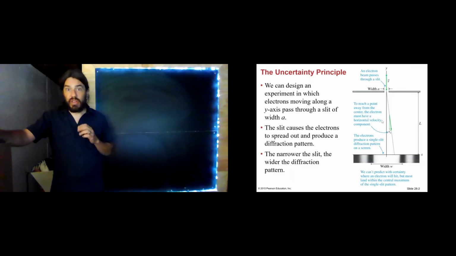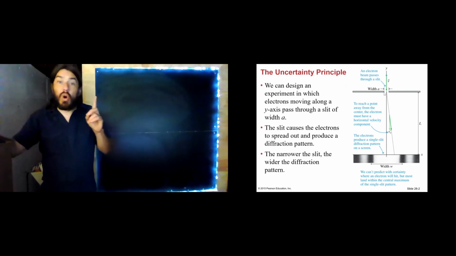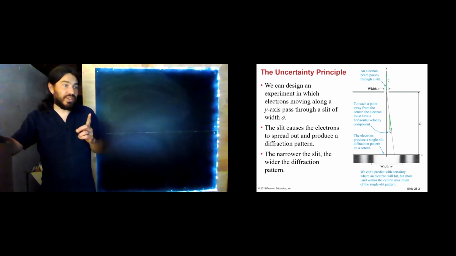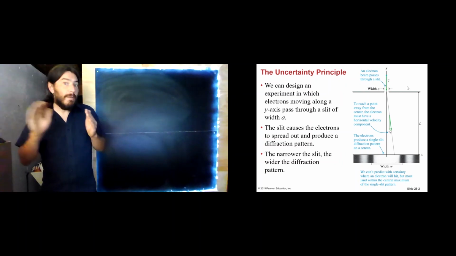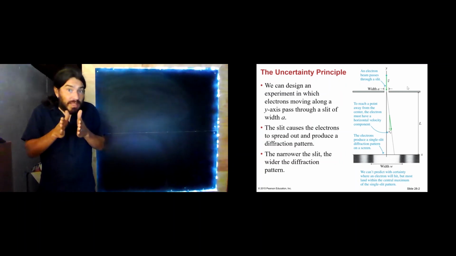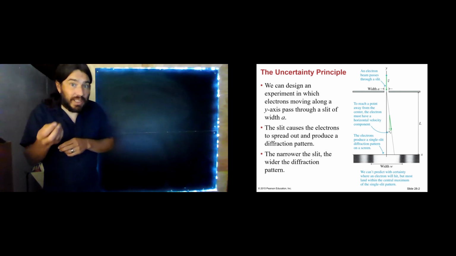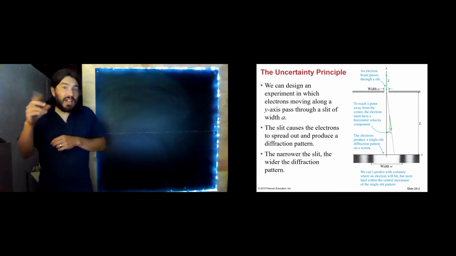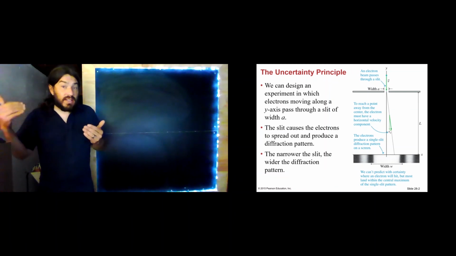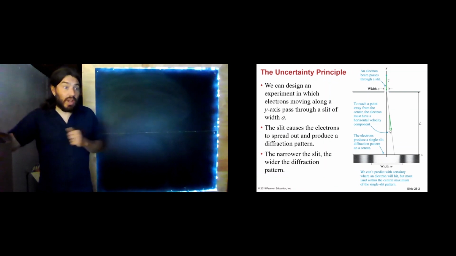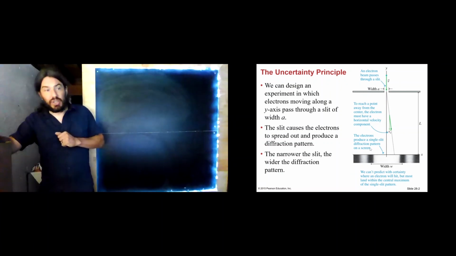Going back to this diffraction pattern, by making the slit smaller, we know better and better exactly where those electrons are in the x direction, because they have to pass through this narrow slit. So we're constraining them in the x direction, so we know better exactly where they are. That means we know less about their velocity. That means we can't know exactly whether they're going zero velocity in the x direction or some larger value. We tend to get a larger spread.